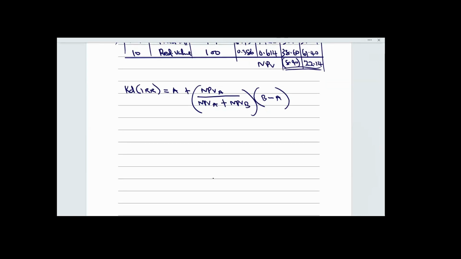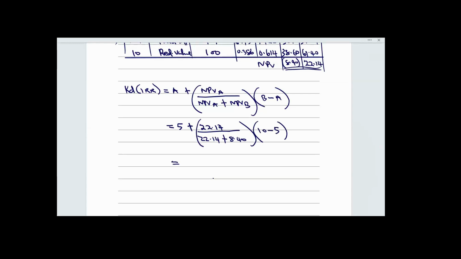Okay? So the lower discount rate is 5%, which is lower than 10. Here will be 5 plus NPV of the 5, which is 22.14, divided by 22.14 plus NPV of the higher, 8.40, multiplied by higher discount rate of 10 minus lower discount rate of 5.